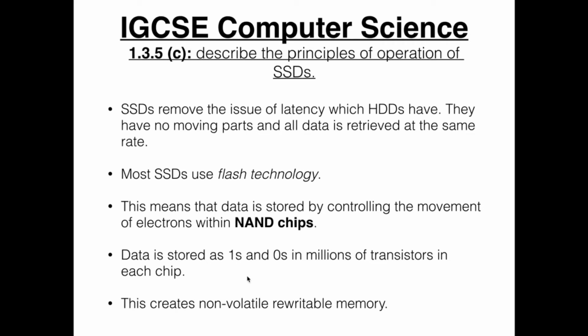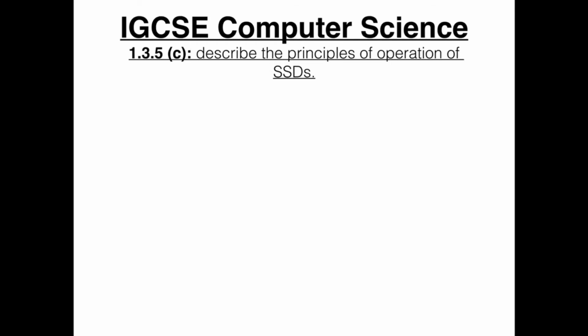We looked at volatile RAM, and we looked at non-volatile ROM. ROM couldn't be written to, and RAM could, but RAM was volatile, so if you turn the power off, all the data would be lost. Now we have non-volatile rewritable memory, and this is pretty cool stuff.